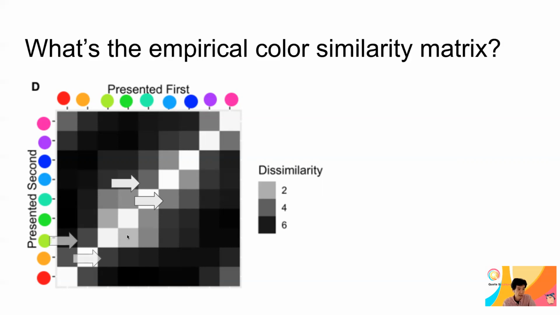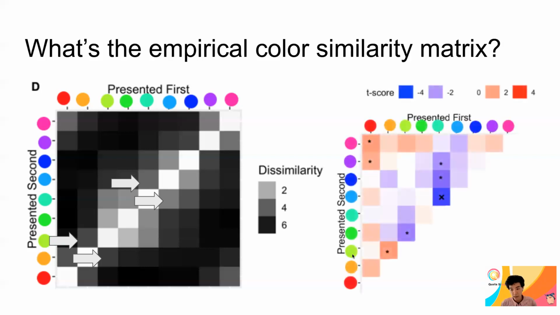Another example is that after seeing this orange, seeing pale green, you say, oh, it's very different, and the dissimilarity is maybe 4 out of 7. But if you are shown this bright green first and then shown orange, oh, it's even more different, even more dissimilar, like 5 or 6 out of 7. And this turned out to be highly consistent across many people. In this case, it's 40 subjects in a preliminary experiment.